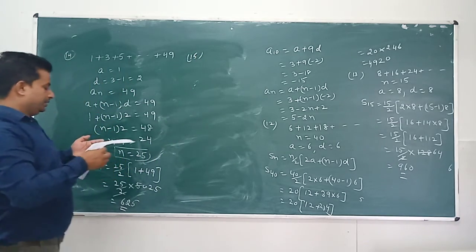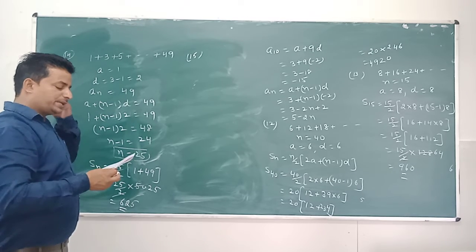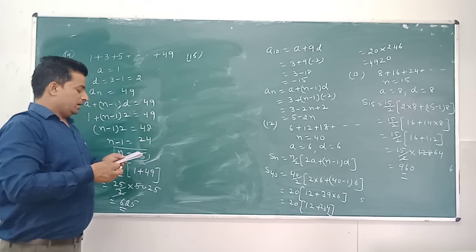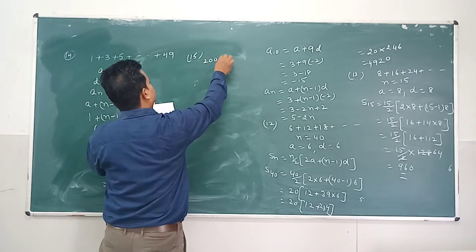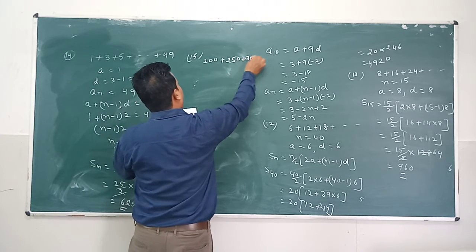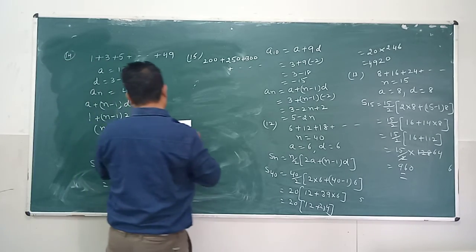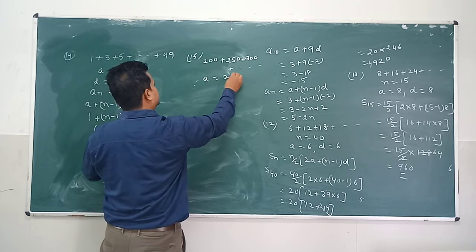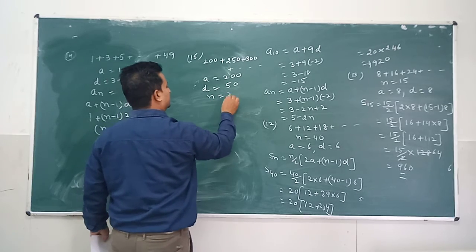Question number 15. The statement is: a contractor undertakes a construction job and specifies a penalty for the delay of completion of the work as follows: Rs 200 for the first day, 250 for the second day and 300 for the third day and so on. Find the amount paid if the work is delayed by 30 days. So in this AP, a is 200, d is 50, n is 30.